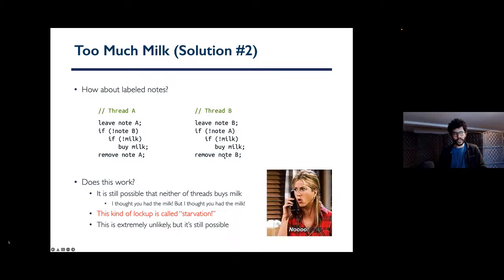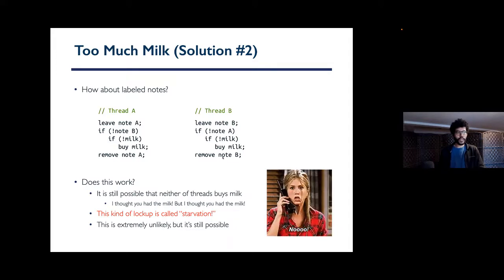But before it removes its note, let's say we context switch back to you. Now you're going to check for thread B's note, and it's unfortunately there. So you're not going to buy. So you exit. We go to B. B also exits. And now we don't have milk. So both of them in this interleaving checked for each other's note, and it was there. So both of them ended up not buying milk, right?